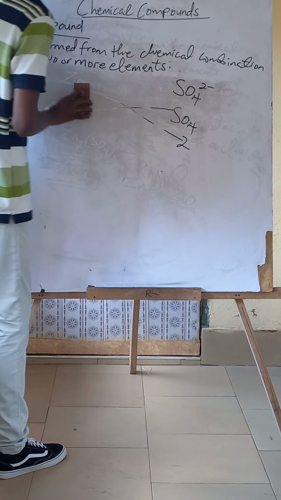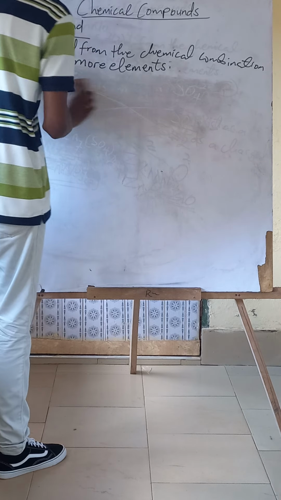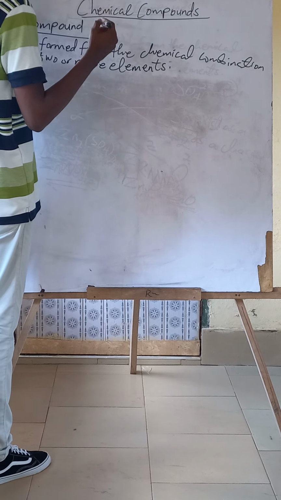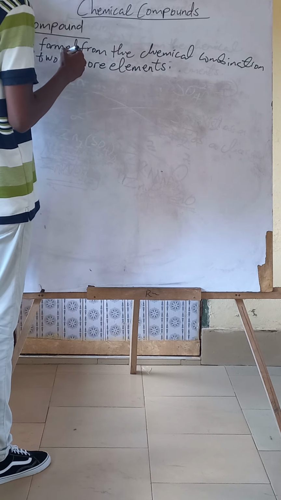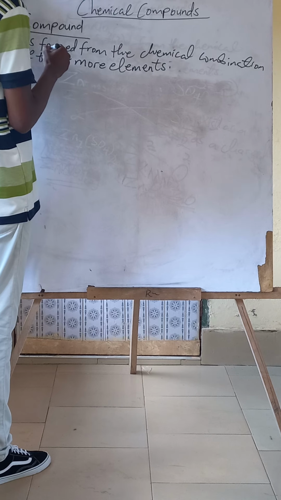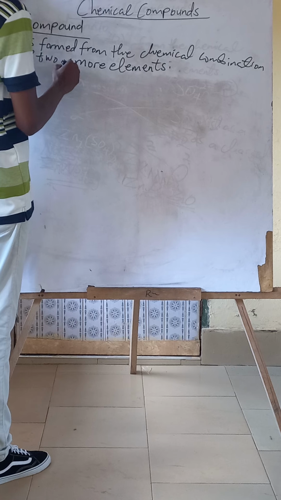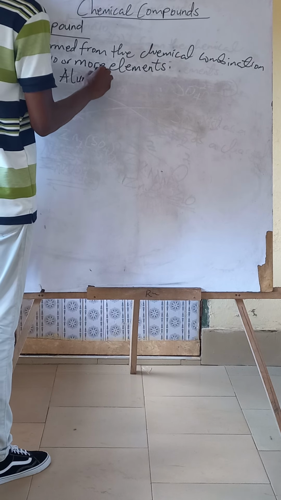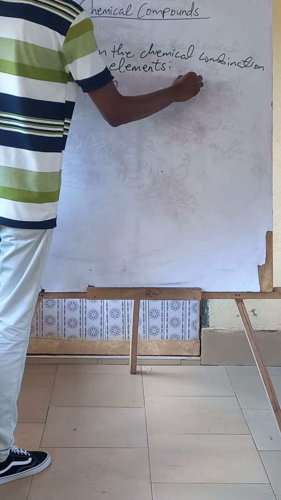Let us consider our last example, and we bring this lesson to an end. Let's say you have aluminium and you have nitrate ion.